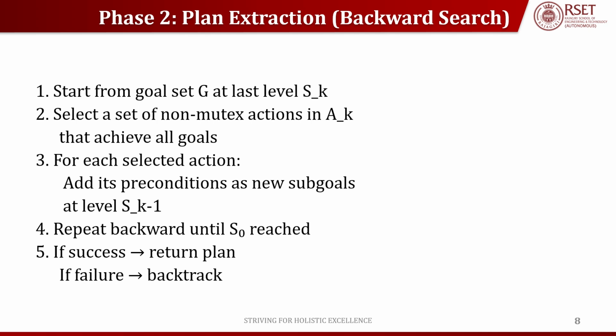S0 was our initial state in phase 1, the planning graph. So if successful, then you can return the plan. Otherwise, you can backtrack and try other combinations. Thus, planning graph construction is forward and plan extraction is backward.